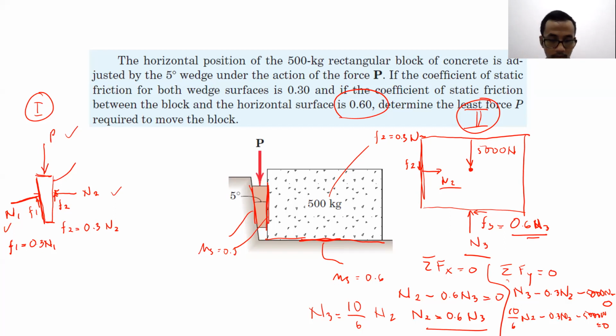So the value of N2 there, okay, 10/6 minus 0.3, that is 1.36666. 5,000 divided by that.